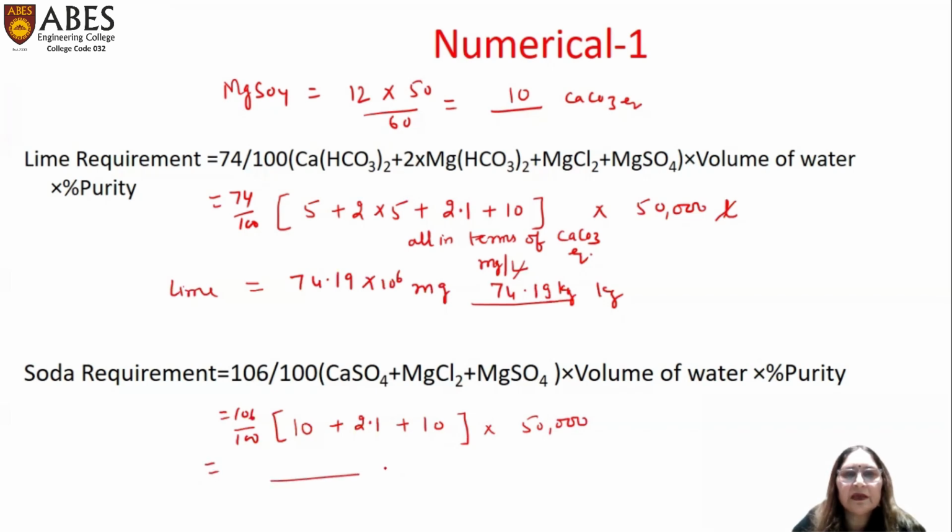The answer in milligram is 1.17 into 10 to the power 6 milligram, and converted into kilogram, 1.17 kg. This is the soda requirement. So we have the lime requirement and the soda requirement.